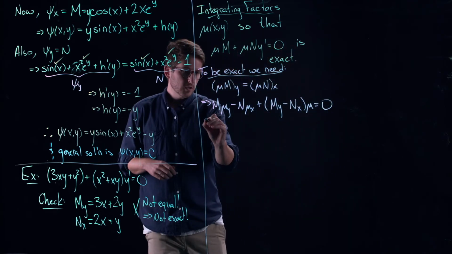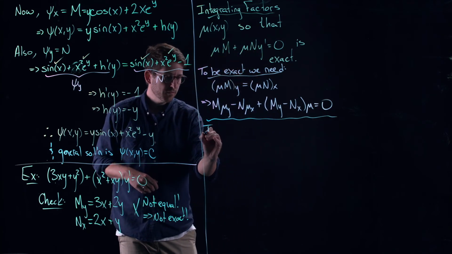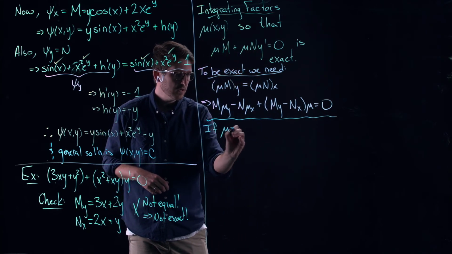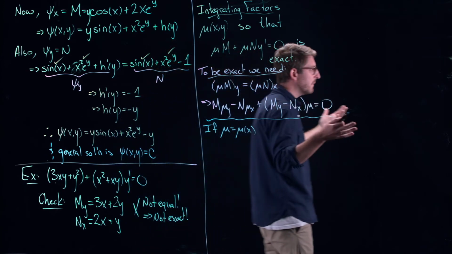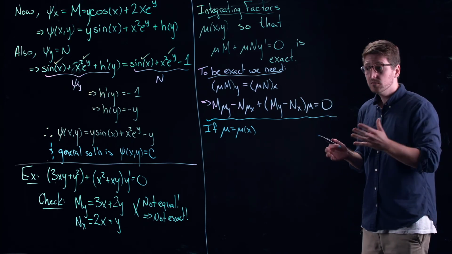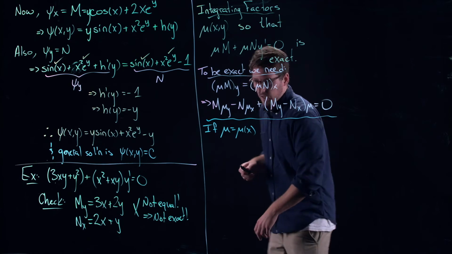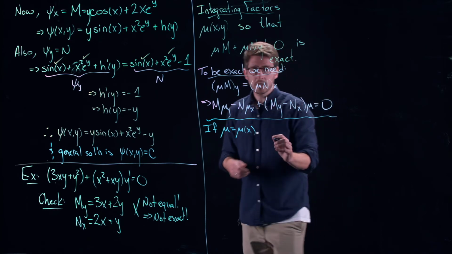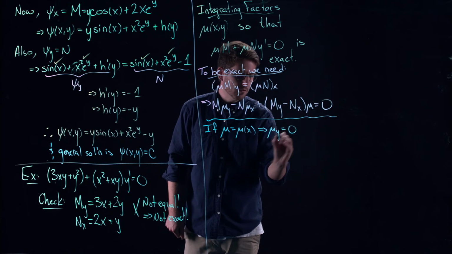So here's what I want to try. If mu is only a function of x, okay? So I want to try and make my life easier. I'm not saying this is always going to work, but maybe sometimes it'll work. If mu is only a function of x, well, clearly mu sub y is equal to 0, right?